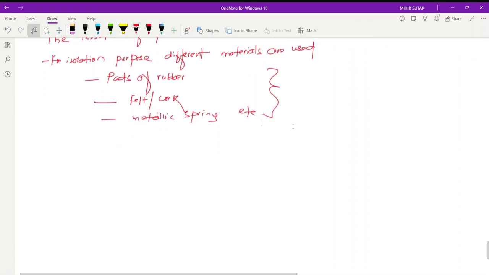Okay. All these isolating materials are elastic and have good damping properties. Okay.